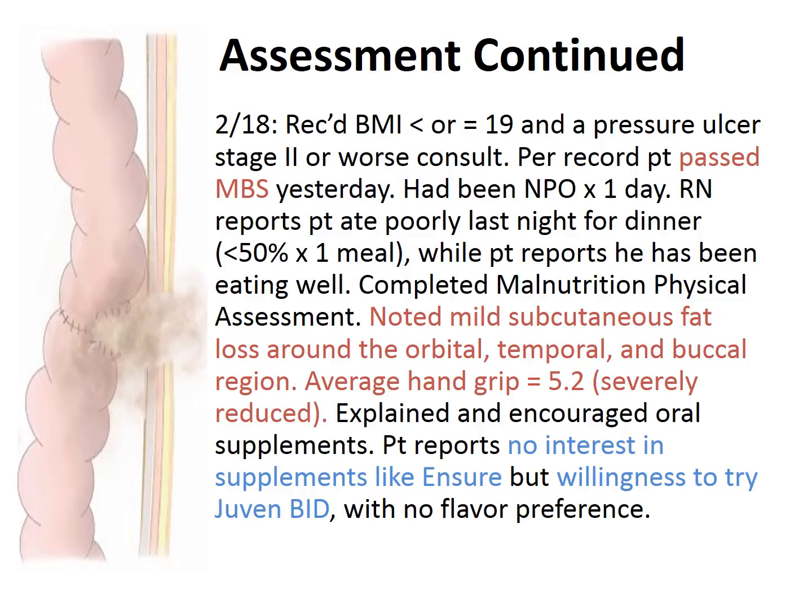Based on this conflict of is the patient eating well or is he not, a malnutrition physical assessment was completed. So it was noted that there was fat loss in the orbital region or the eye region, in the temporal region or near the temples, that side part of the face at the top, and the buccal region, and that's just a fancy way of saying in the cheek region.